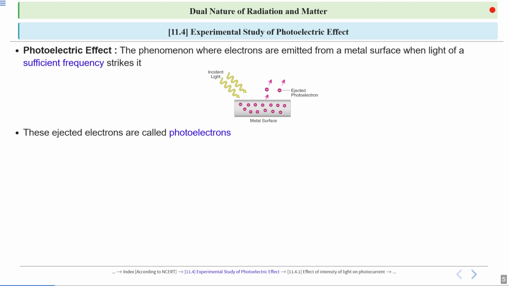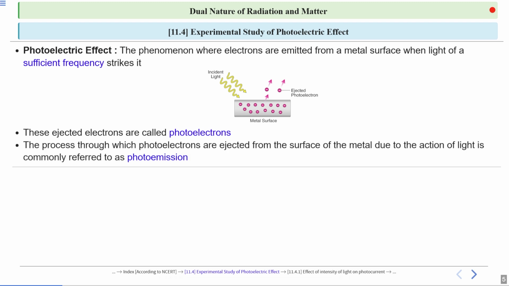This term helps us distinguish between electrons that are already free and those that are knocked out by light in this process. The process of releasing these photoelectrons from the metal surface is called photoemission. So, whenever you hear photoemission, think of electrons being emitted because of light energy. And this is a key concept in understanding how light can interact with matter.